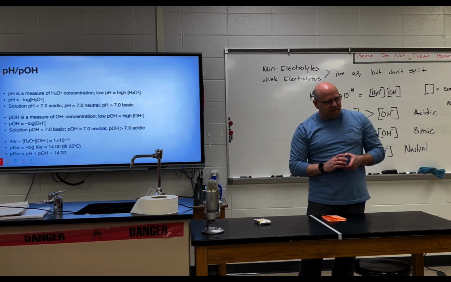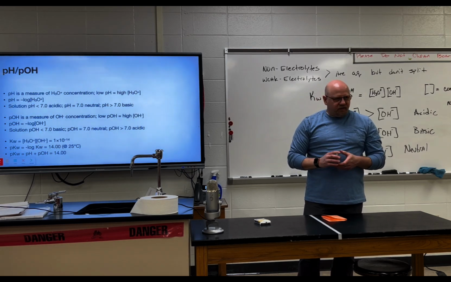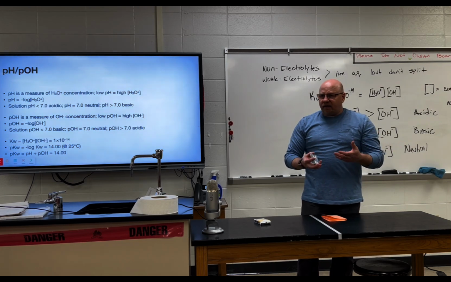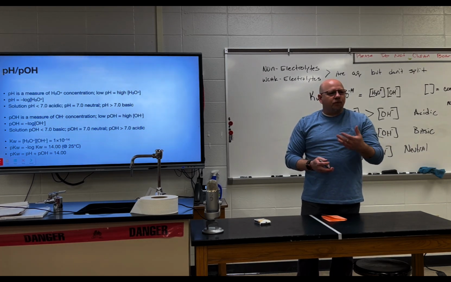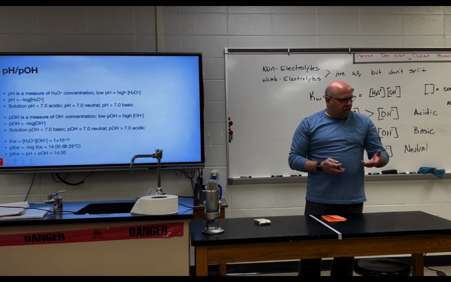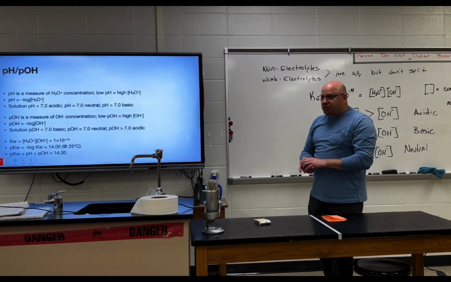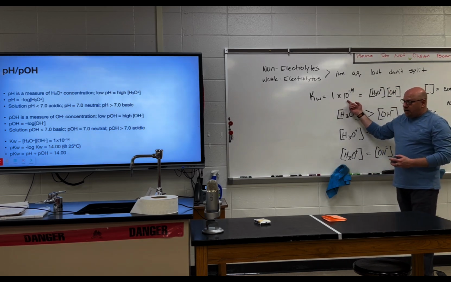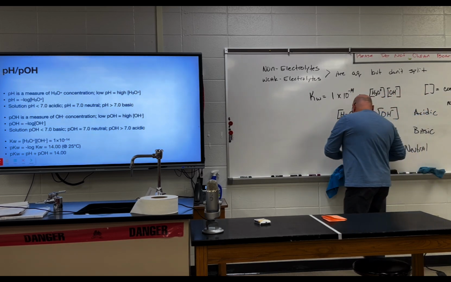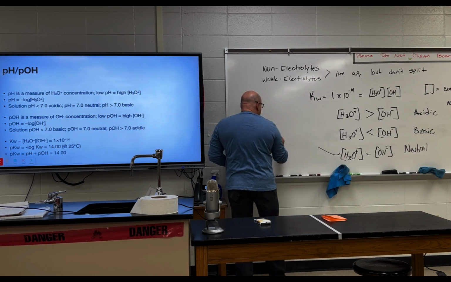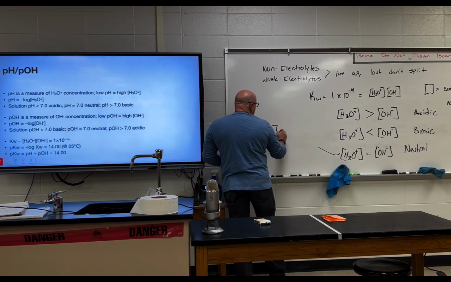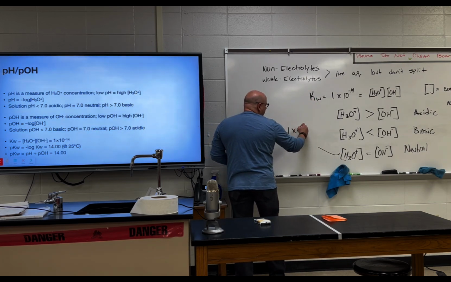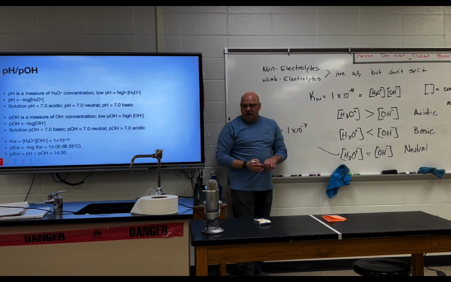We're simply using log base 10 as a way of representing numerically the values that are really, really small. Remember, times 10 negative 14 is really small. And when these are equal, the concentration was going to equal 1 times 10 to the negative 7. Right?